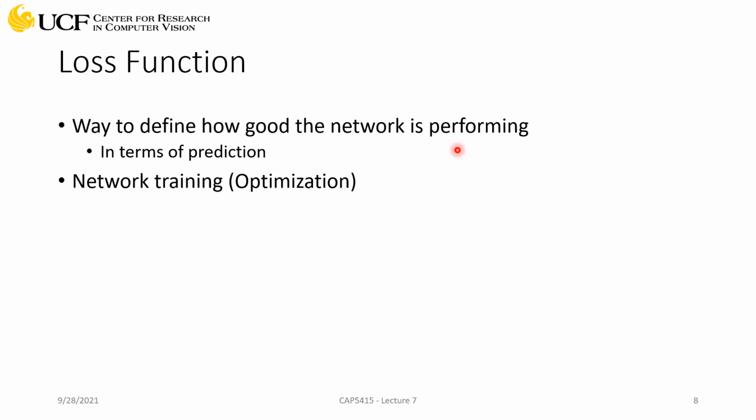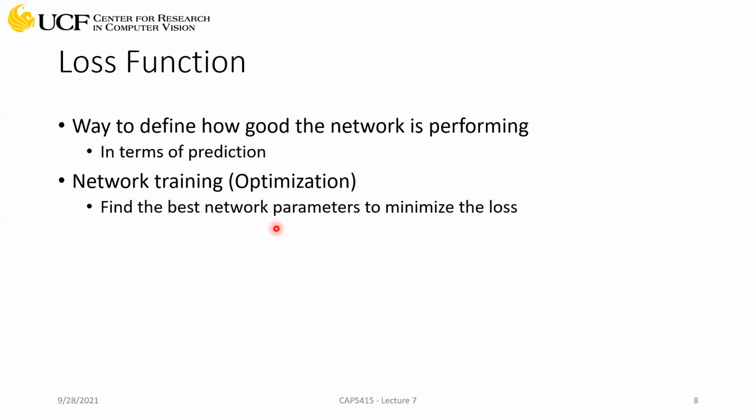Then, once we have this loss function, we perform network training, which is again learning kernels. We do that using optimization. When I say optimization, we try to minimize the loss of this network. What it's essentially trying to do is find the best network parameters or the best kernels inside that network, which will minimize the loss of your network.